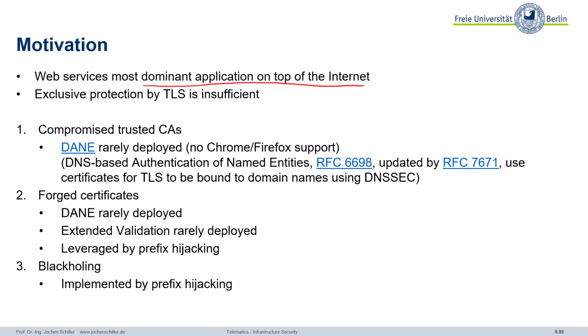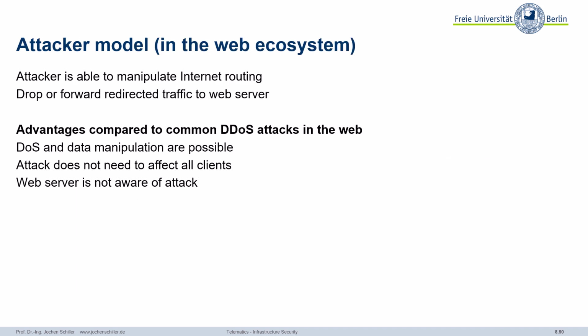So TLS only protects, yes, end-to-end, but that's not enough. So you can basically kill a web service. You can redirect the traffic, so you cannot use it if the attacker is able to manipulate the routing. So that's the problem, that attackers can redirect the traffic to a web server, and then the web server is not accessible anymore.